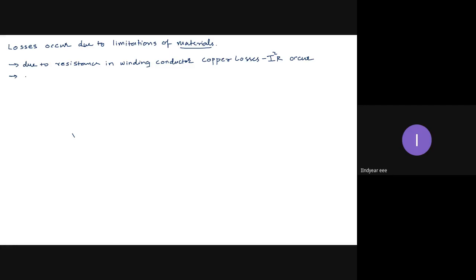Okay. Then due to hysteresis and circulating currents, I will tell in detail how these occur. Due to hysteresis and circulating currents in the core, iron losses occur.